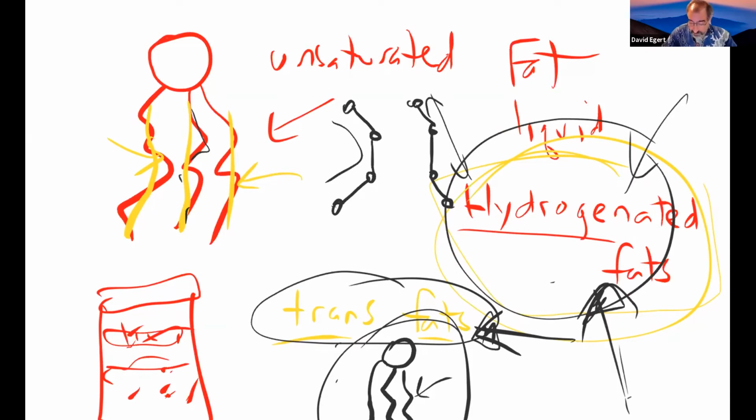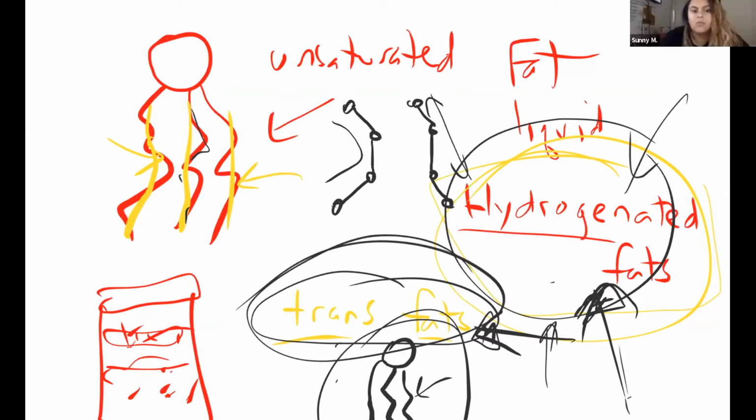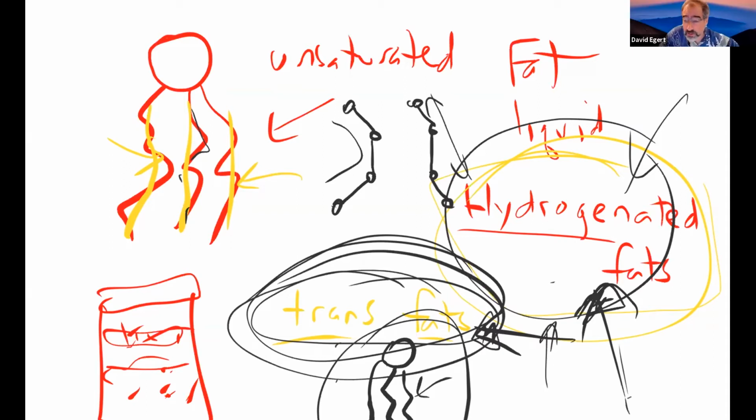So making margarine, which they thought was better for you, was actually worse for you than if you'd stuck with butter, which was kind of ironic. Although at this point they have worked things out. So now they can hydrogenate things without making the trans fats, because now they're aware of this whole process and the problem in terms of health.